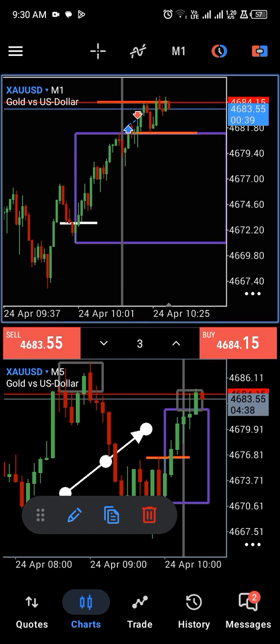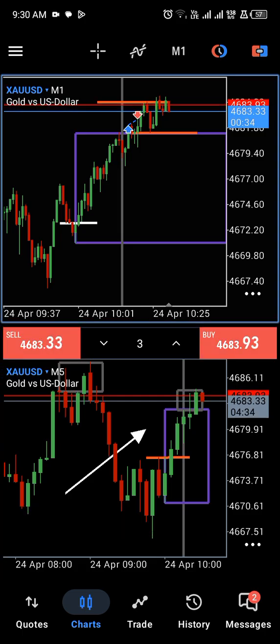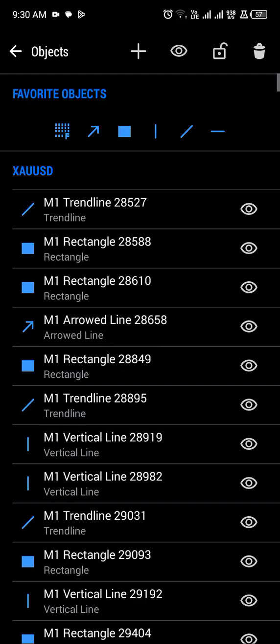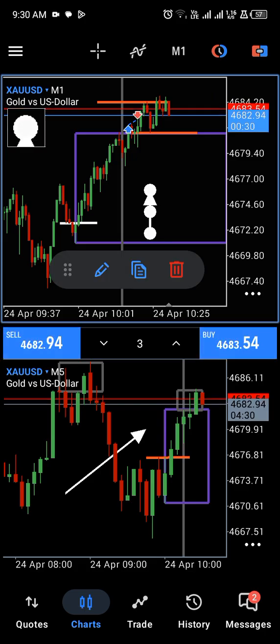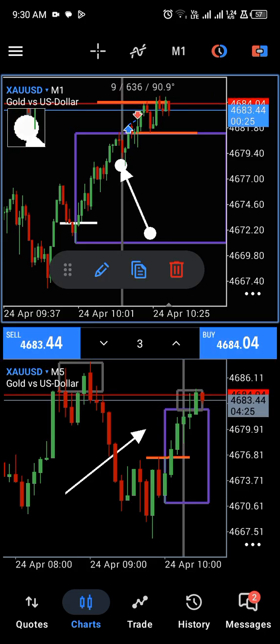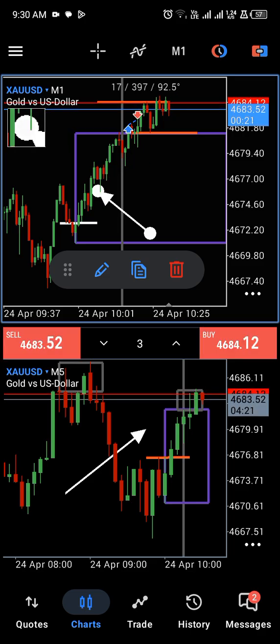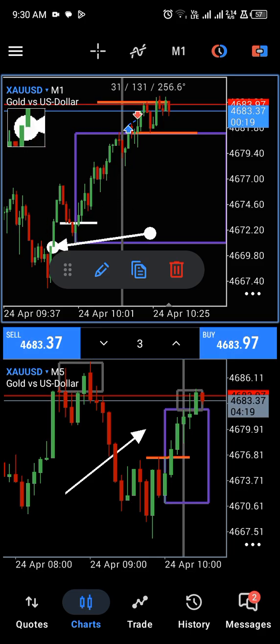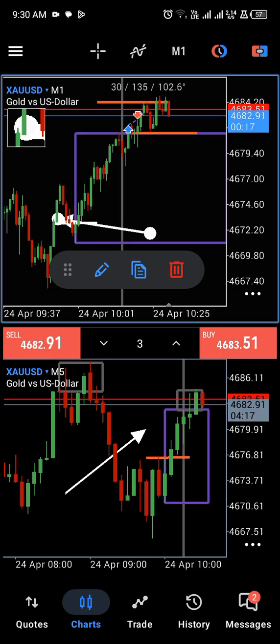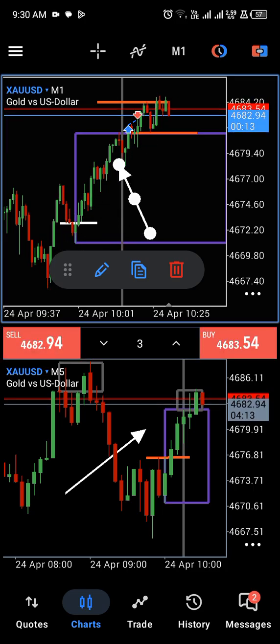It is not impulsive, it is too correctional, there's no confidence in this. It looks like the buyers are not that confident with this push to the upside. The beginning of the buying was interesting. You can see how it was very intentional, but what we are seeing here is not intentional.